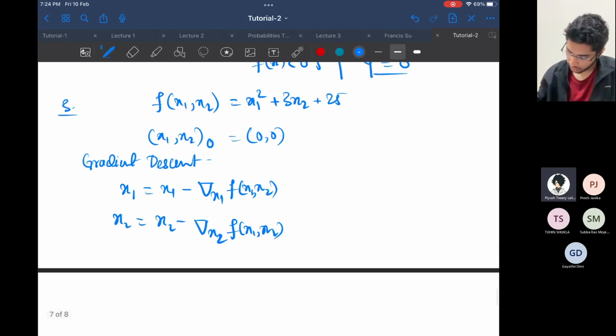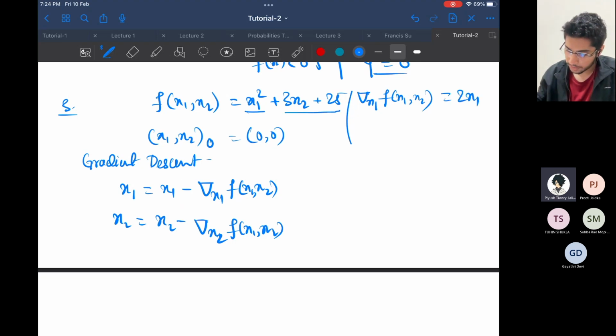Now let us calculate the gradient with respect to x1 of f of x1, x2. This first term is dependent on x1, so it will become 2x1. The other terms are not dependent on x1, so they become 0.